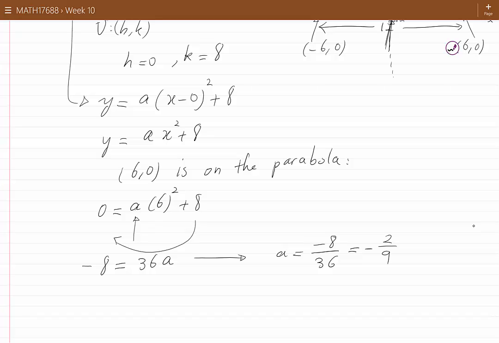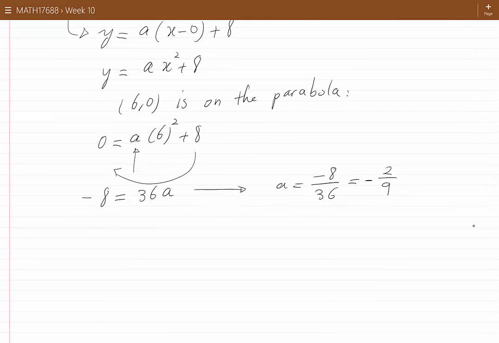I keep this result as a fraction because if I convert this into decimals, I would have to round the result, which is not something we would want to do. We can keep the value of a exact.